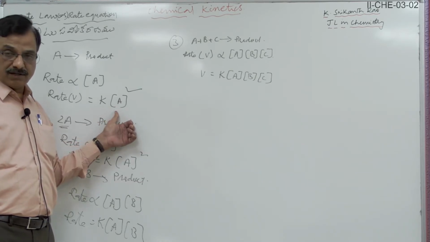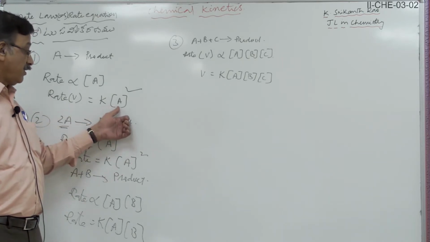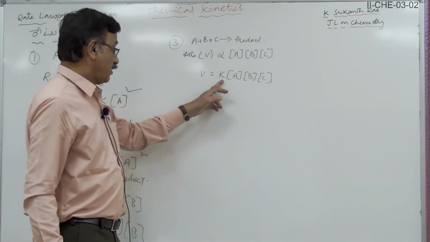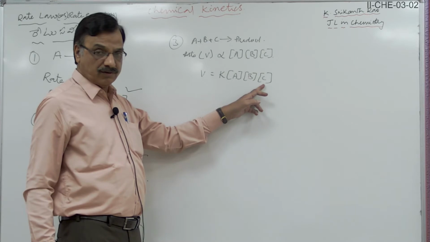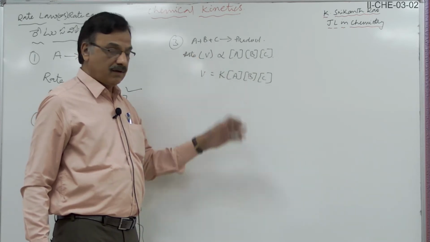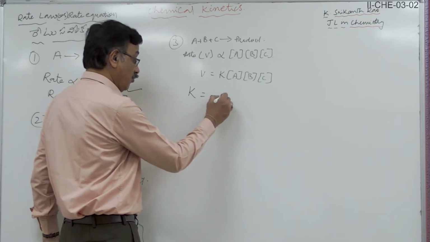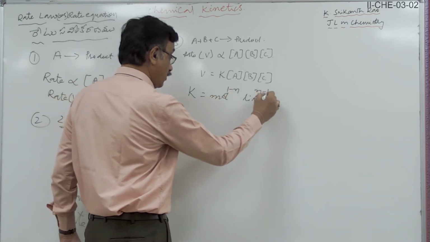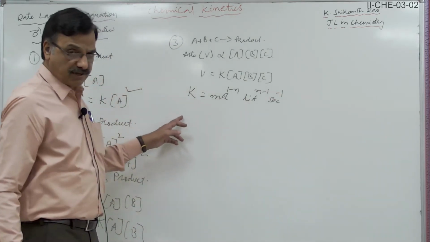Rate constant has units: K has the units mol^(1-n) L^(n-1) s^-1. This is the general representation.